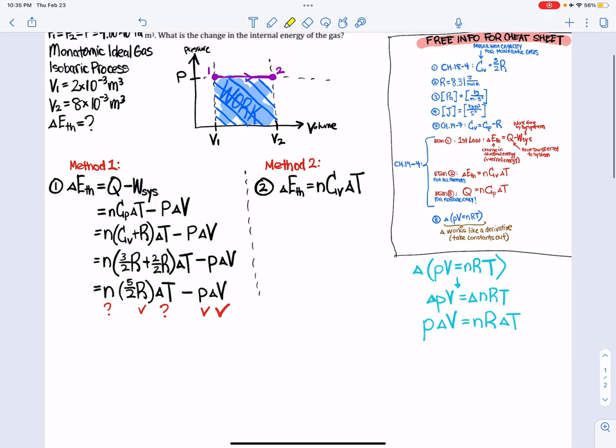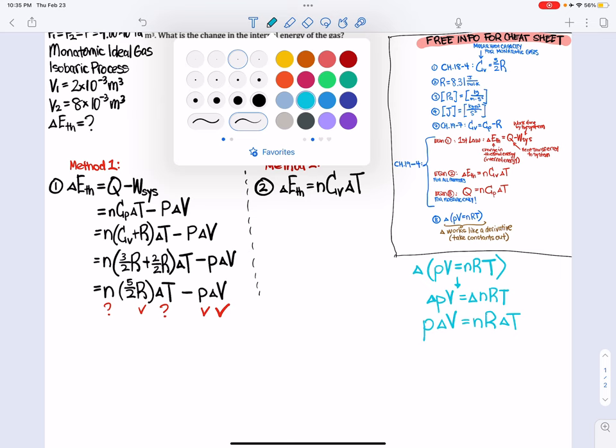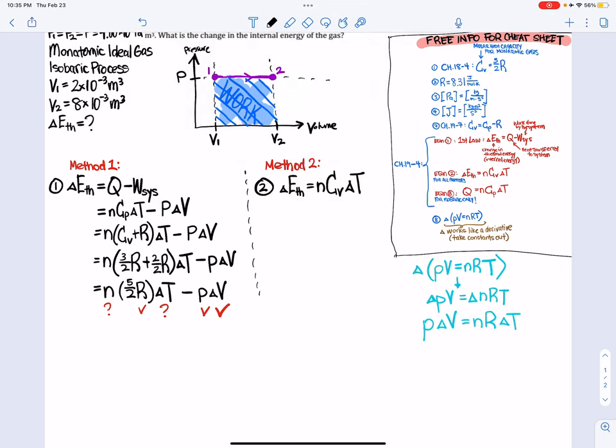So I can do this, again, because of this random fact right here, that it works like a derivative. So if I move the constant from the top line out, to the left, it would become 5 over 2 times N times R times delta T minus pressure times delta V, right?